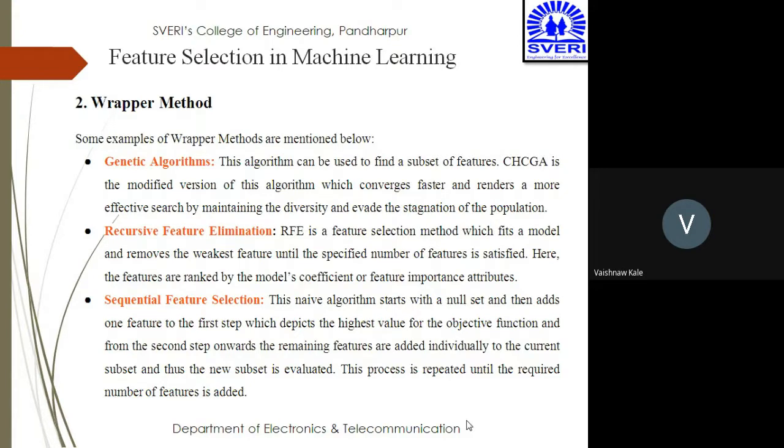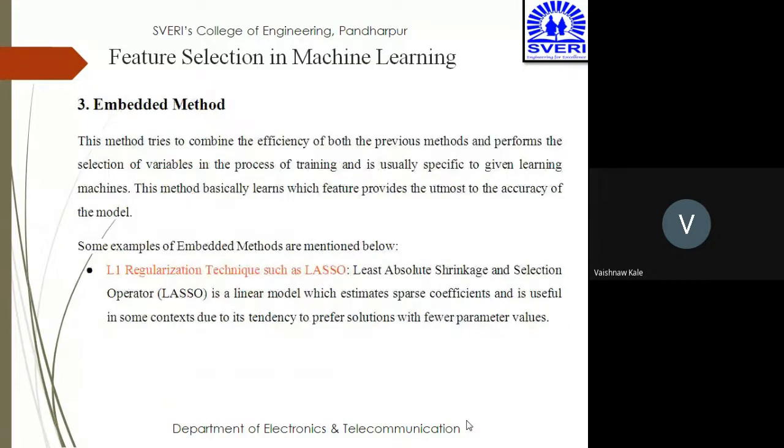From the second step onwards, the remaining features are added individually to the current subset, and then the new subset is evaluated. So it starts with a null set, and features keep getting added. This process is repeated until the required number of features is added. This is called sequential feature selection. So these are some of the examples of the wrapper method.